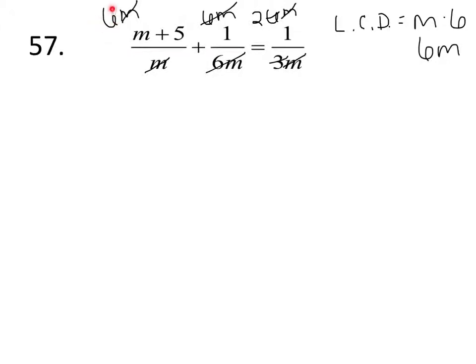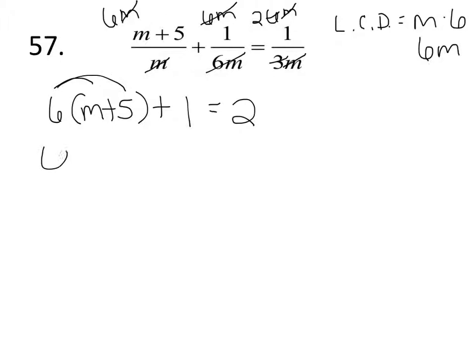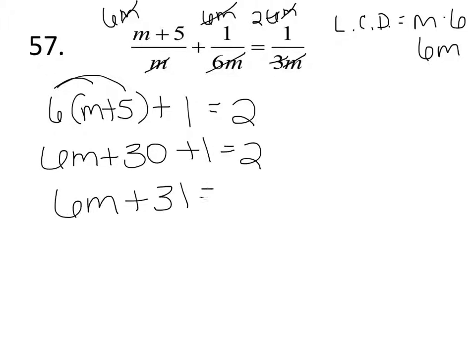So now you're going to multiply what you've got left. I've got 6 times M plus 5, plus just a 1, equals 2 times 1 is 2. Distribute your 6, you get 6M plus 30 plus 1 is equal to 2. 6M plus 31 is equal to 2 because 30 plus 1 is 31.